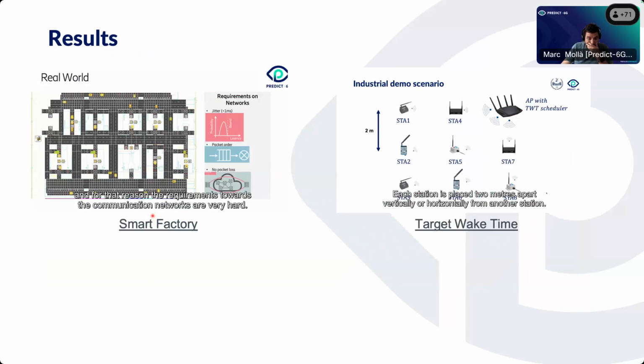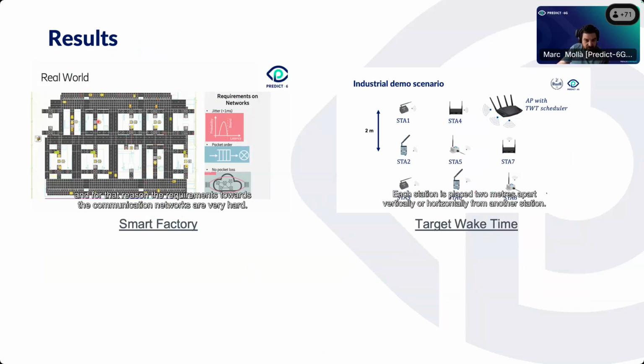So to wrap up, if you don't want to read our boring deliverables, we produce some demonstrations of the work that we are doing. In the lab we have a demonstration of a smart factory using a real 5G network, and on top of that we built some time-aware schedulers.